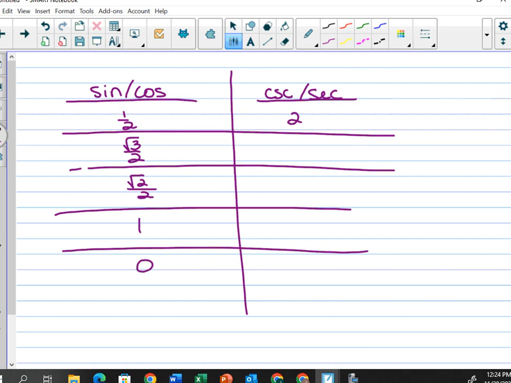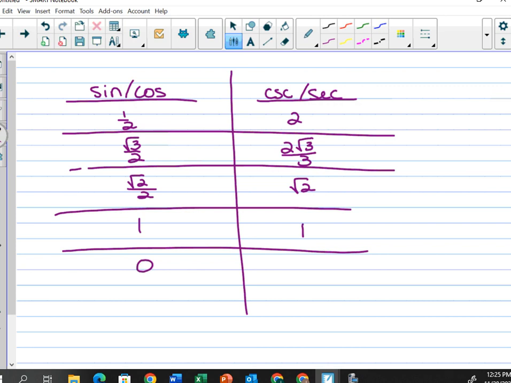Now root 3 over 2, instead of flipping and rationalizing that over and over, you will always get to root 3 over 3. Root 2 over 2, when you flip and rationalize, every time is just root 2. Some of these you maybe have gotten familiar with already. 1 flipped is easy, it is 1.